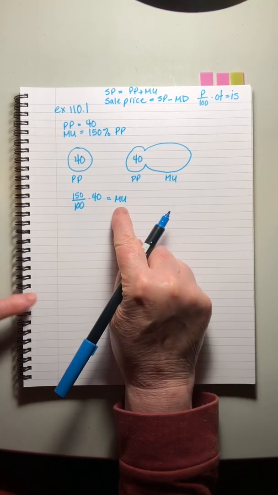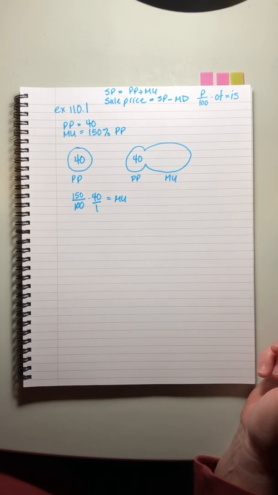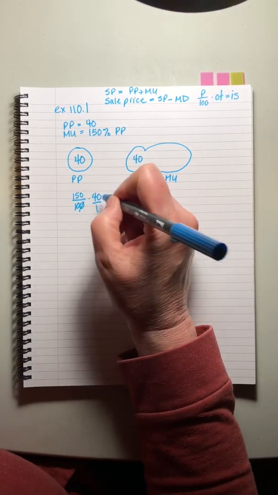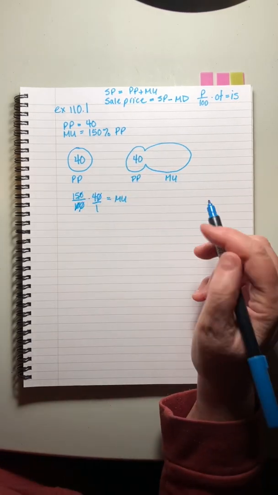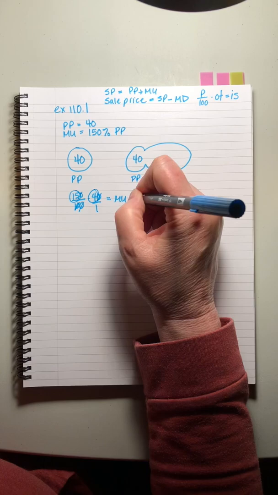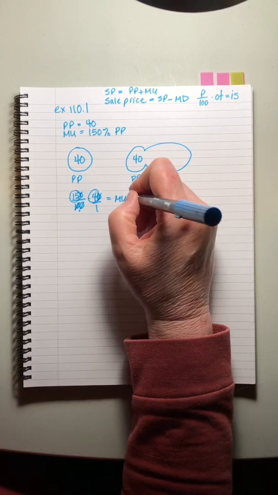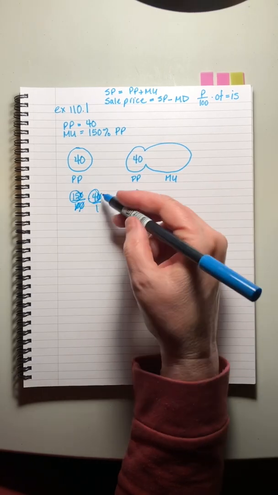I'll put this over a 1. I'm going to divide that by 10, and then divide that by 10. And then all I have to do is multiply 15 times 4 to get the amount of the markup. That is $60, right? 15 times 4 is 60.